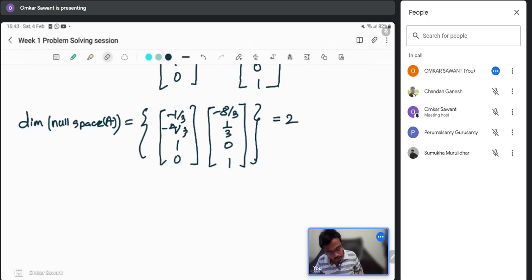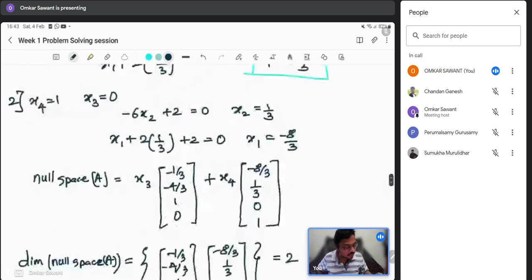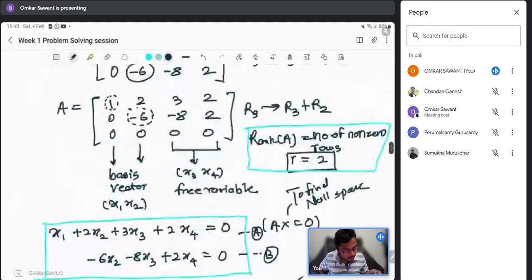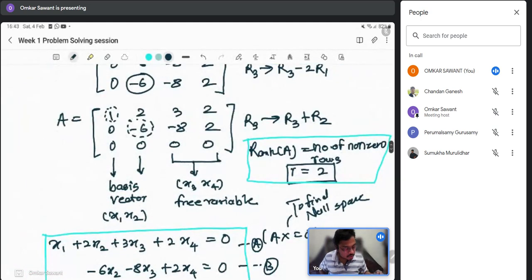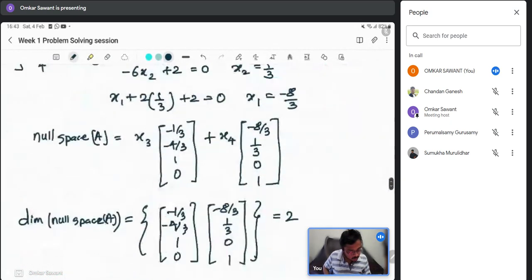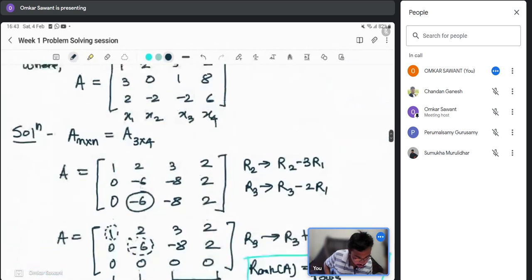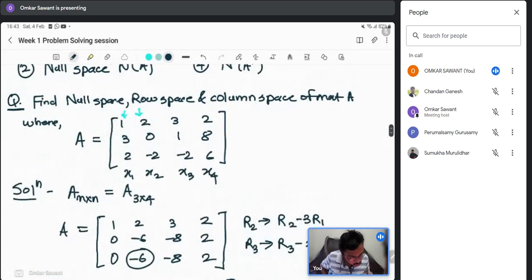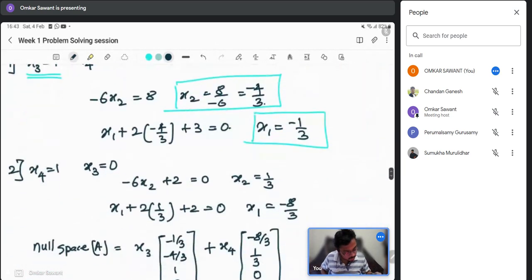So your column space will be their basis vectors. You calculate null space based on free variables. You will calculate your column space based on basis variables. So what will be the column space? Your column space will be 1, 3, 2, 2, 0, minus 2.